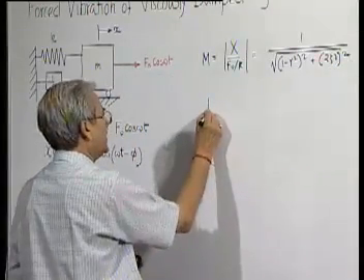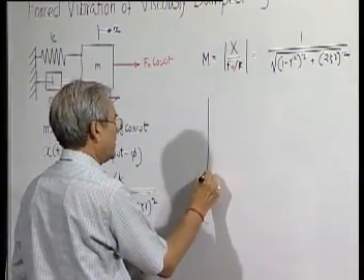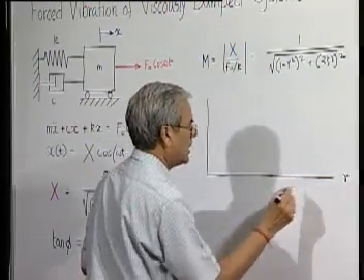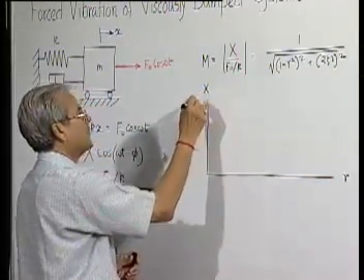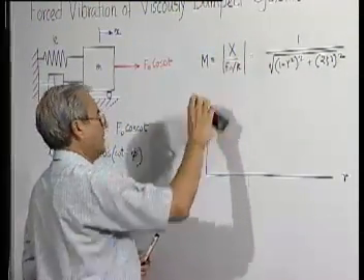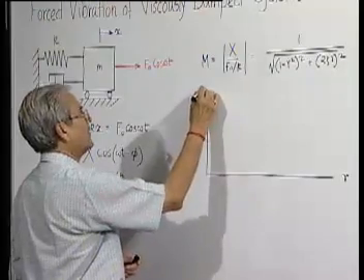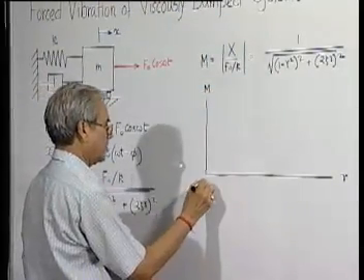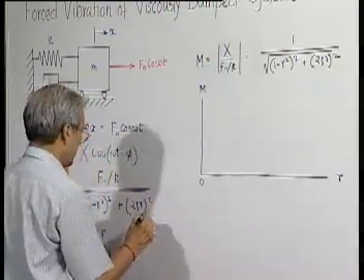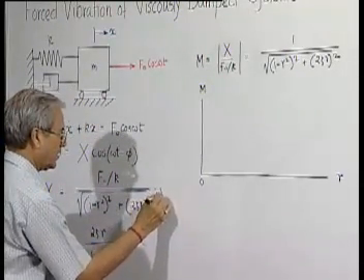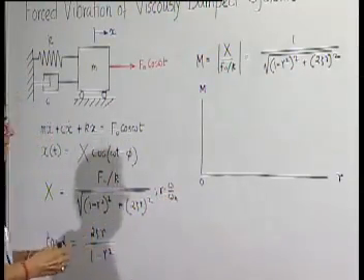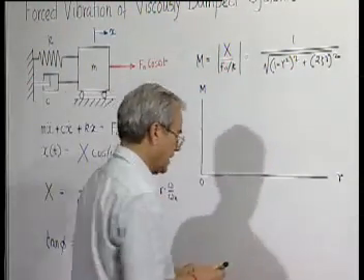and which will be... then we plotted the response of the system, either x or the magnification factor. So, we start at r, that is frequency ratio, when omega starts at 0 and is gradually increased.